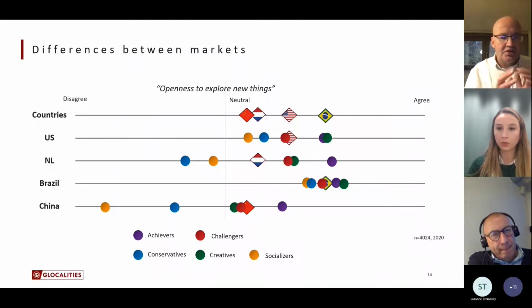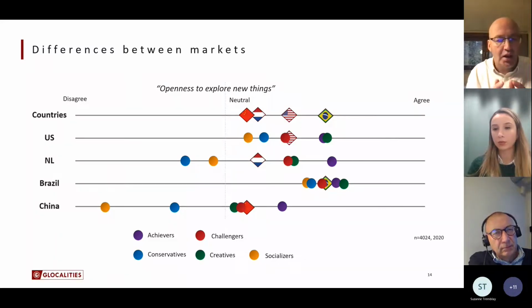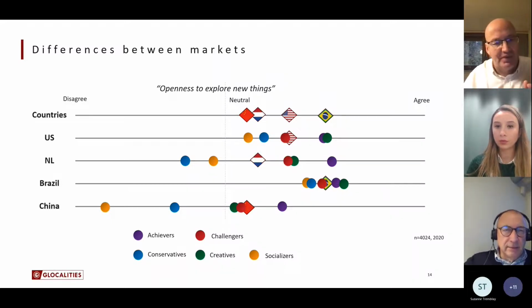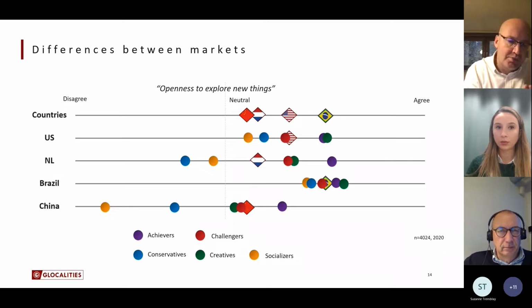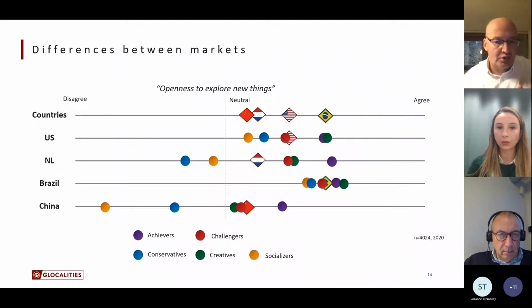Yeah, so that's because these value patterns are similar in these different countries, and that is how we based our segmentation, because it just works. But if you would build another segmentation, you would see the same value patterns. And what you see here is that consumer groups that are more conservative are almost by definition less open to exploration. So that's why they're lagging. But also the socializers, which is more the entertainment driven, the family and friends driven part of society, the opera watching, movie watching part of society, the live and let live part of society, the happy but don't bother me part of society, they're also less open.